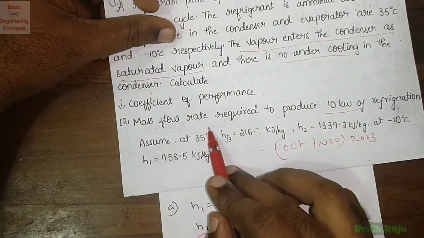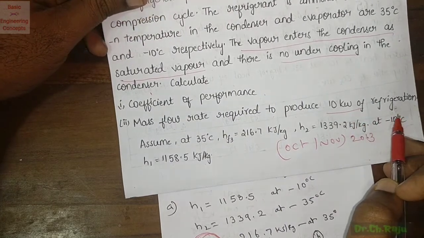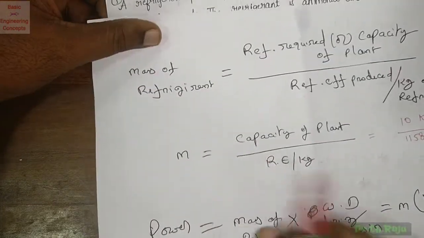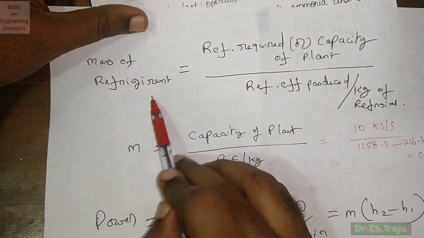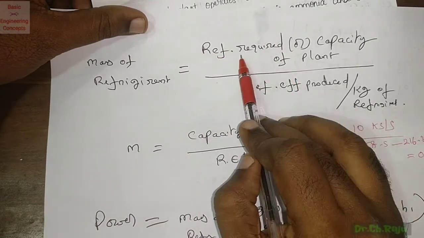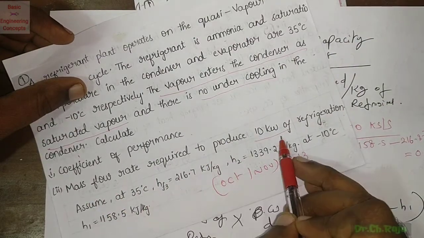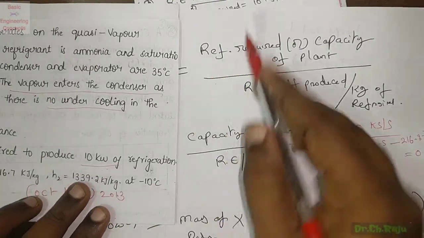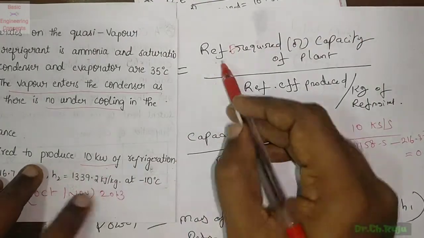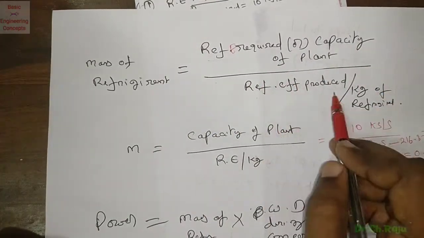The second part is to calculate the mass flow rate required to produce 10 kilowatts of refrigeration. Here I want to explain the mass of the refrigerant. This is the formula you can use. The mass flow of refrigerant is equal to the refrigeration required, or capacity of the plant, divided by the refrigeration effect produced per kg.